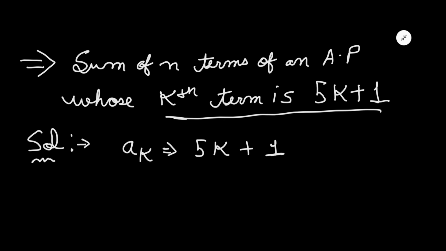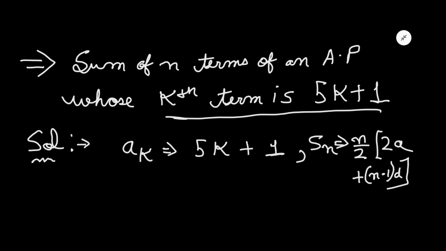So we have to find the sum of n terms of an AP, which is Sn, and the formula for Sn is n by 2 into 2a plus n minus 1 d. So here ak is equal to 5k plus 1. We have to find our first term, second term and the common difference. In order to find the first term, we put k is equal to 1.